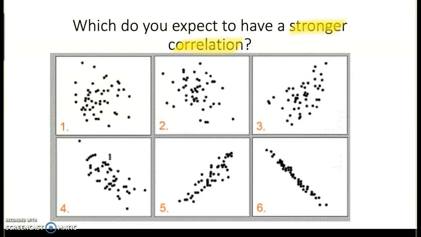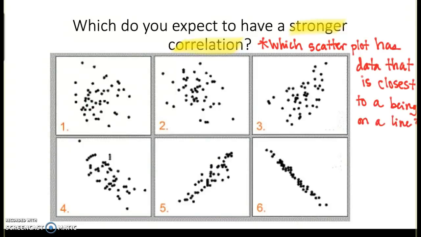So here we have some scatter plots. And first, I want to talk about which one of these you expect to have a stronger correlation. In other words, a stronger correlation is simply telling us which scatter plot has data that is closest to being on a line.